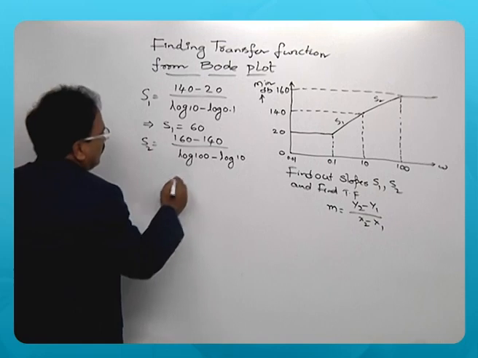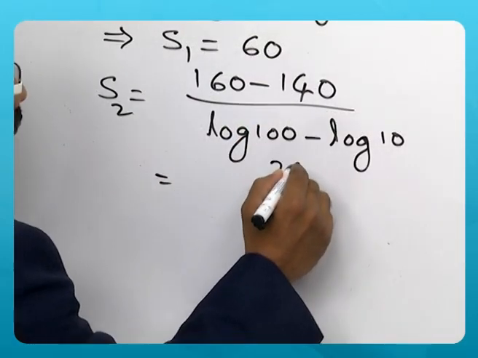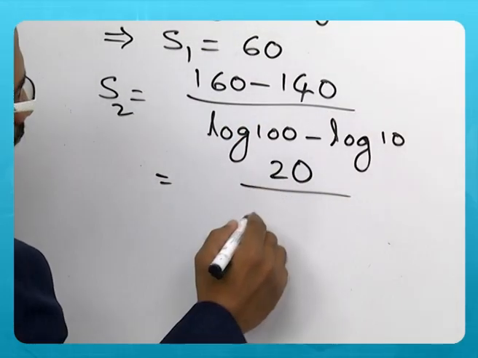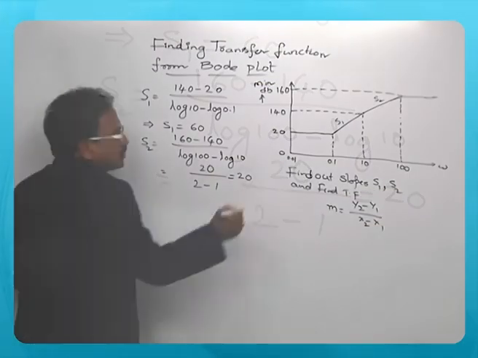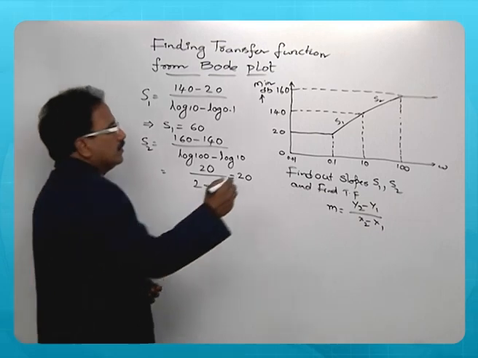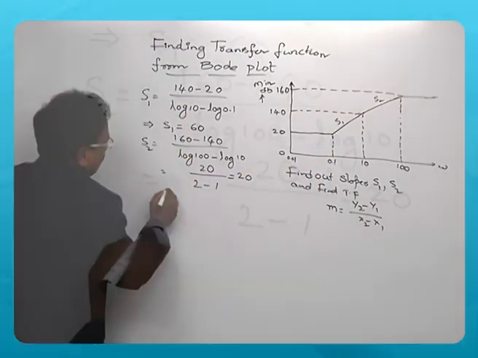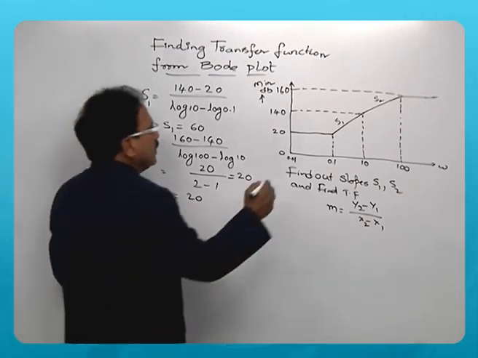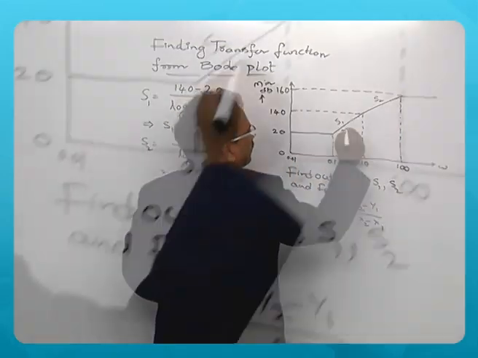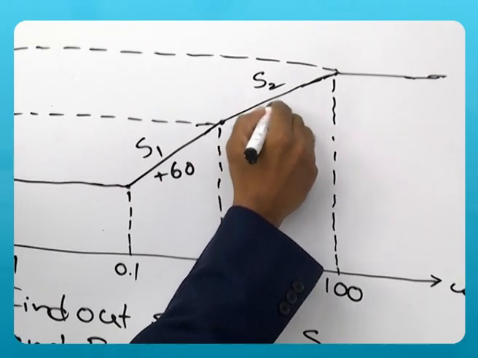So the numerator 160 minus 140 is 20, and log 100 is 2, and log 10 is 1. So the slope is 20. So S2 is 20. So you now have S1 as plus 60 and S2 as plus 20.